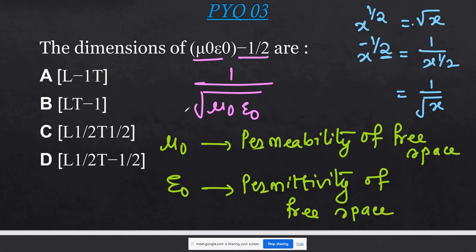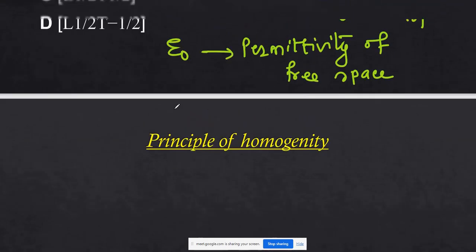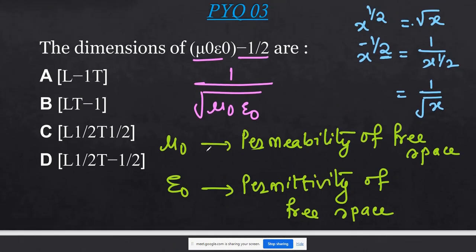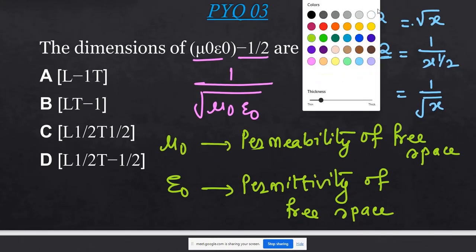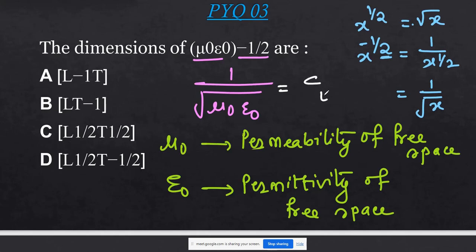Now they are asking you the dimensions of this, 1 by under root of mu naught and epsilon naught. Sahiti, this is actually the direct formula for what? Speed of an electromagnetic wave, C. This is directly the formula for the speed of an electromagnetic wave. Speed is nothing but velocity.